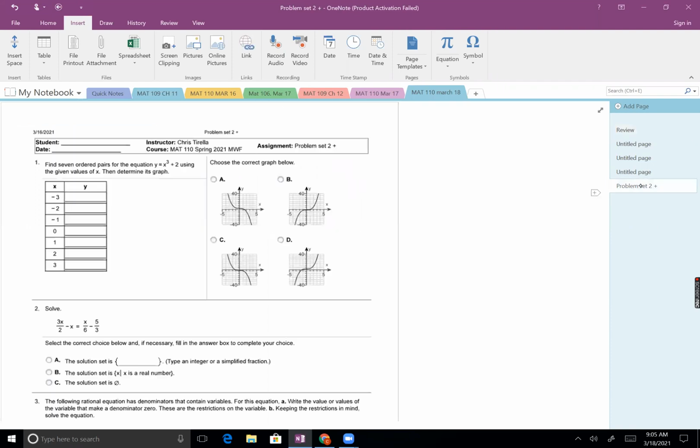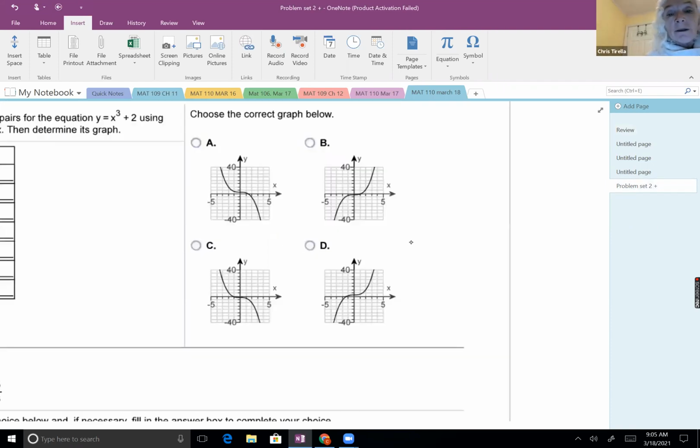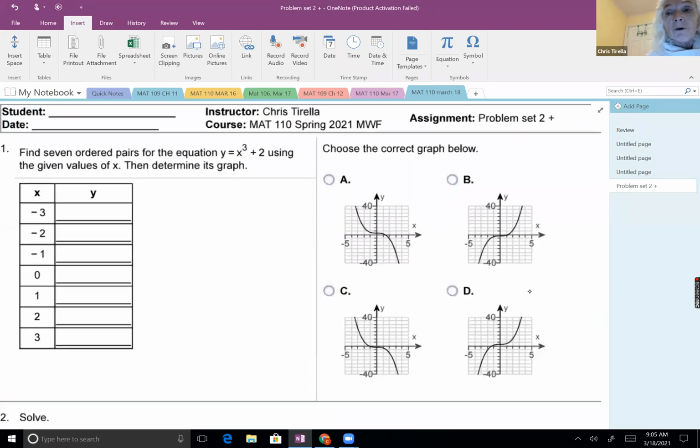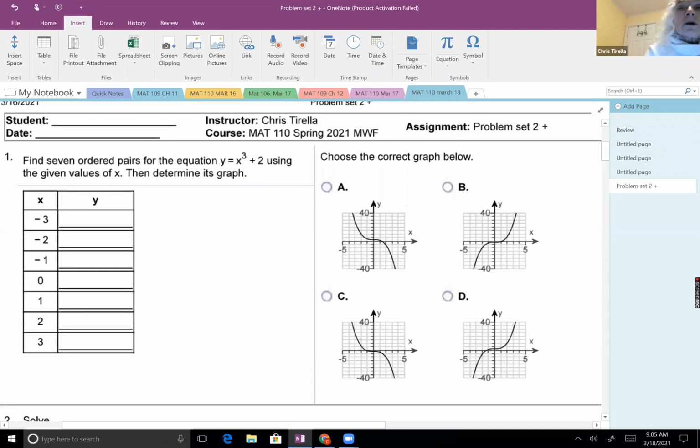Okay, great. I'm going to take this and make it big screen width so that there's plenty of room in which to do the work. I don't know if you can remember way back when we first started looking at chapter 1. We started by looking at the idea that the graph of an equation in 2 variables is the set of all the points that satisfy the equation. We had said one way of finding the graph of an equation is to make a table of values.